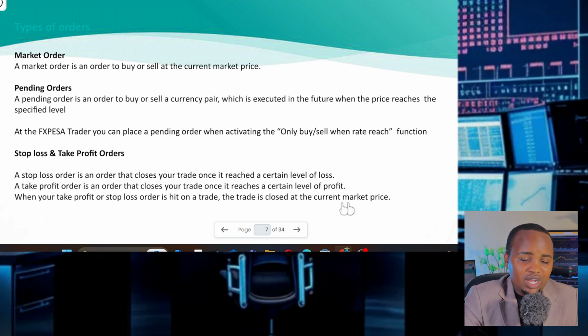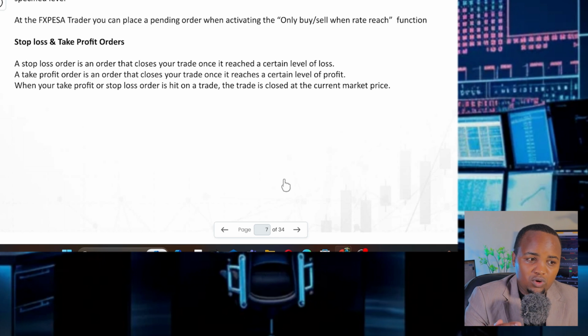The other orders you have to know are the stop loss and take profit orders. The forex market is different from gambling. In gambling, you don't have a stop loss. In the forex market, you can put your stop loss and your take profit.